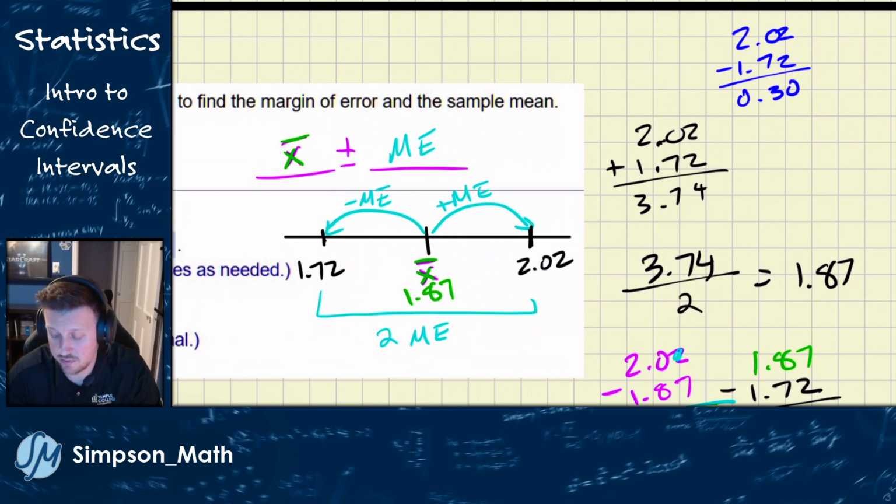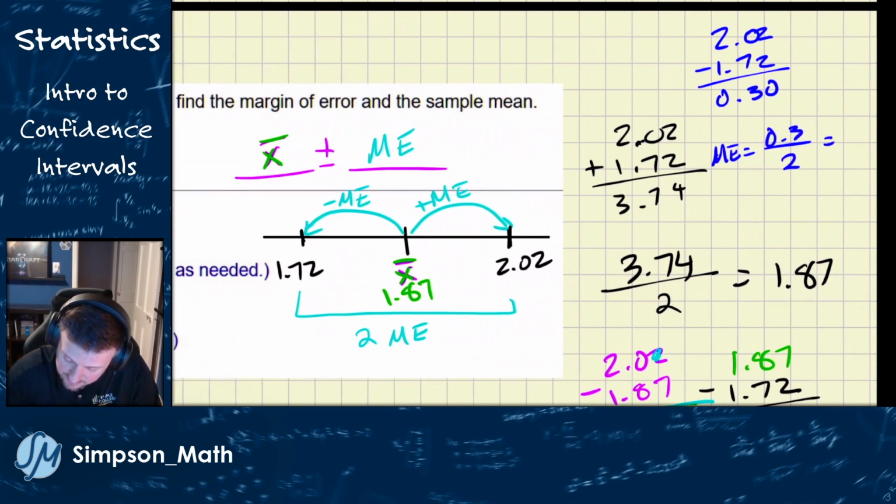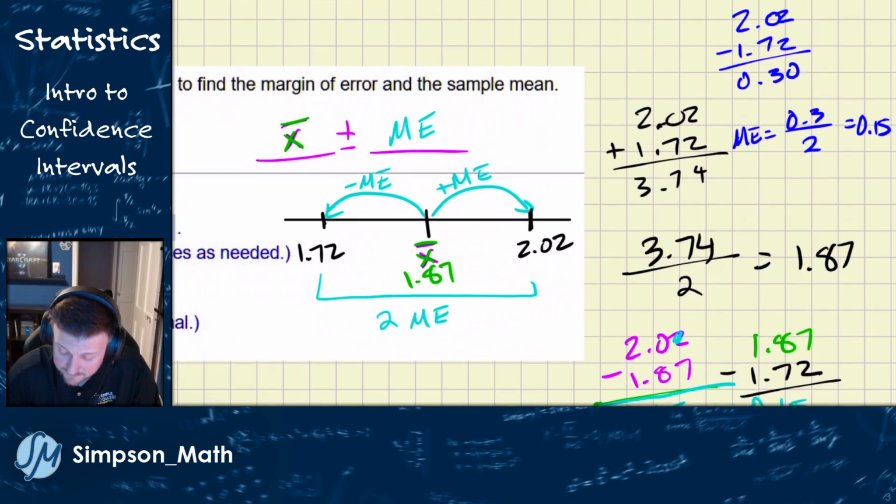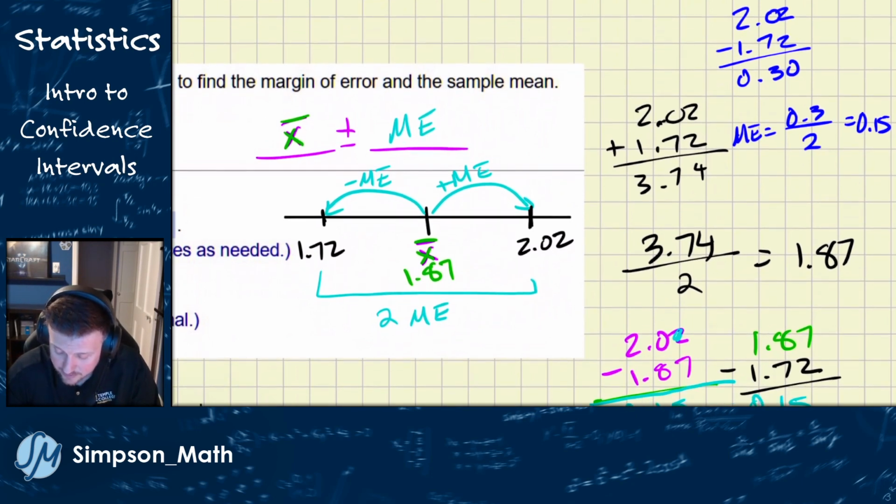The entire interval from the lower boundary to the upper boundary is 0.3 units wide. So for my margin of error, I do 0.3 divided by 2. Notice this is a faster way to get directly to the margin of error, which is that 0.15. Now that I have the 0.15, how do I get my 1.87?